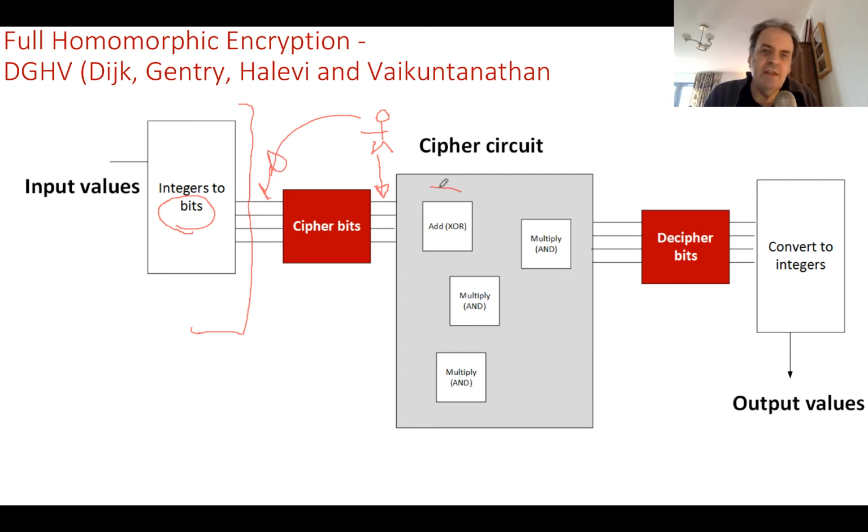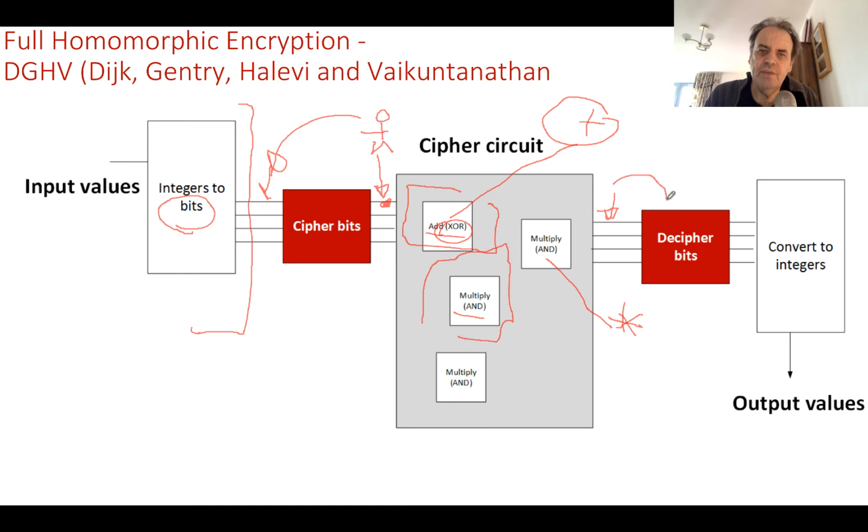We then feed this into a circuit made up of XOR and AND gates. XOR is equivalent to an add, and AND is equivalent to a multiply. The values are very large integers, and we operate on them with the logical functions of AND and XOR to create our output cipher bits.